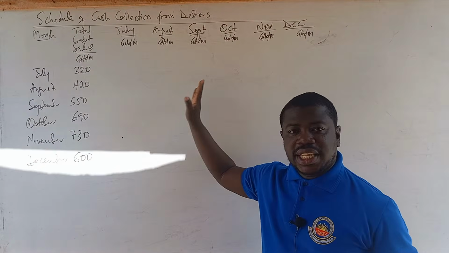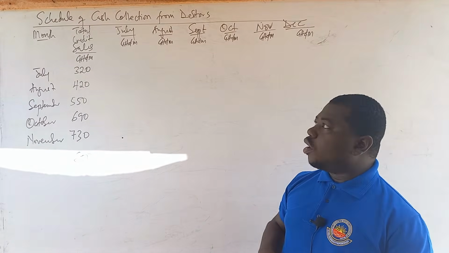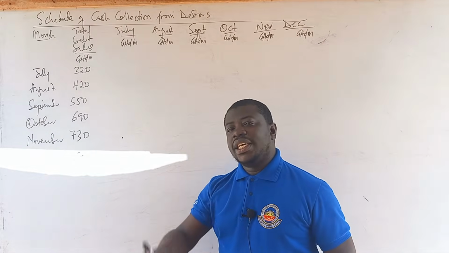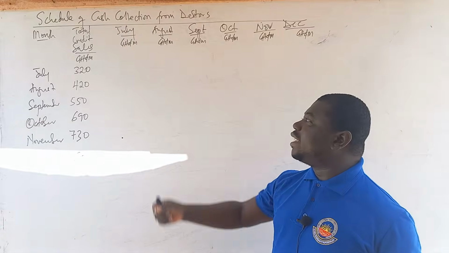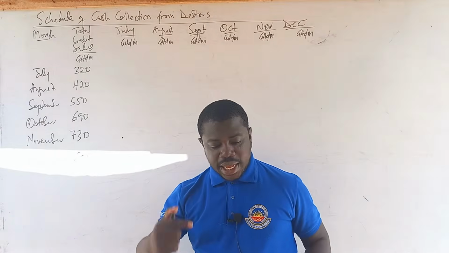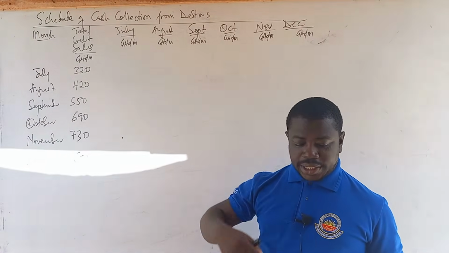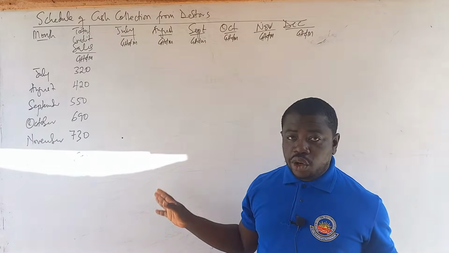After this, we can start with the percentage spreading. We are told that 60% is collected in the month of sale, 30% in the next month, and 10% collected the following month, and there are no bad debts.